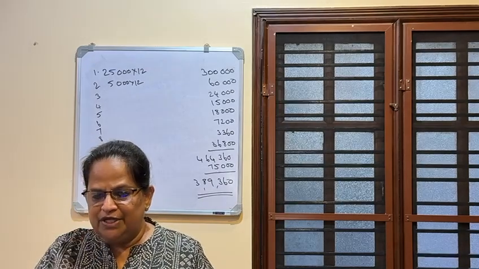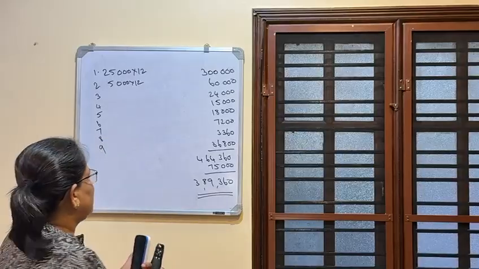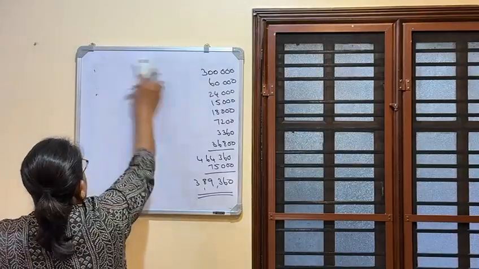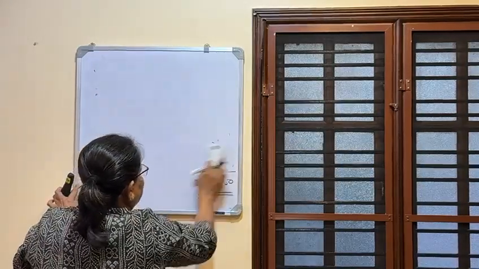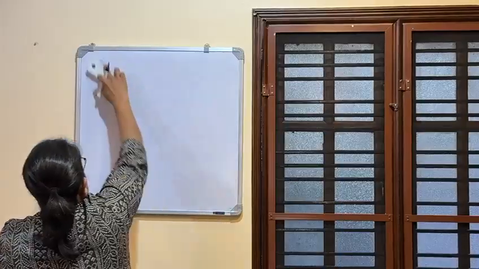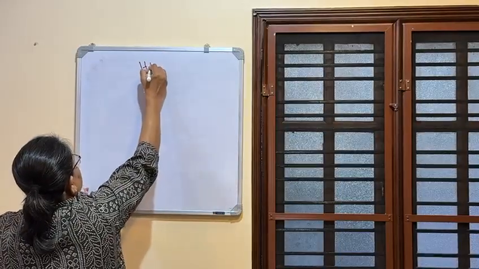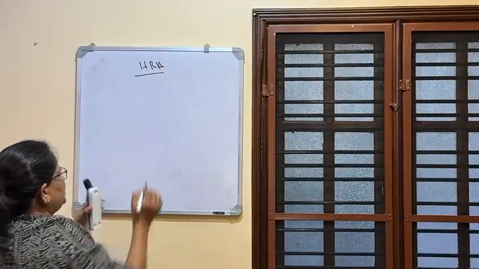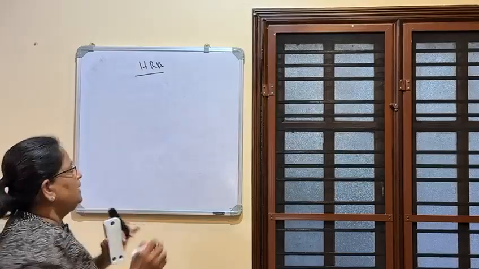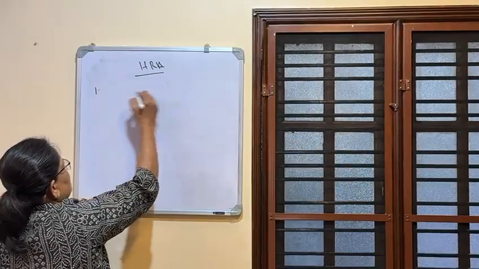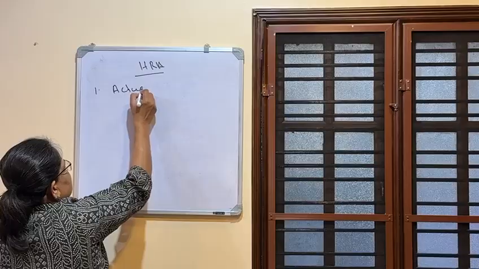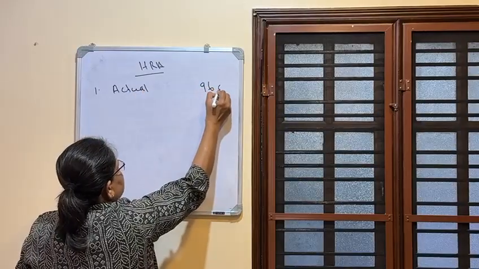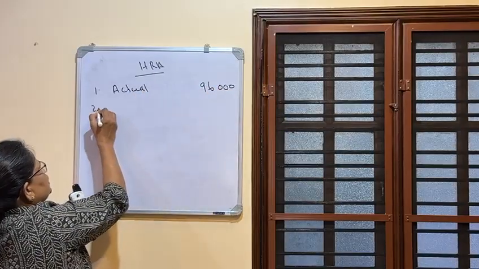Now here the computation is about HRA. So how do you calculate HRA? HRA computation, the tabulation should be there. HRA value, actual HRA received is given 96,000. Now the exempt list of the following.